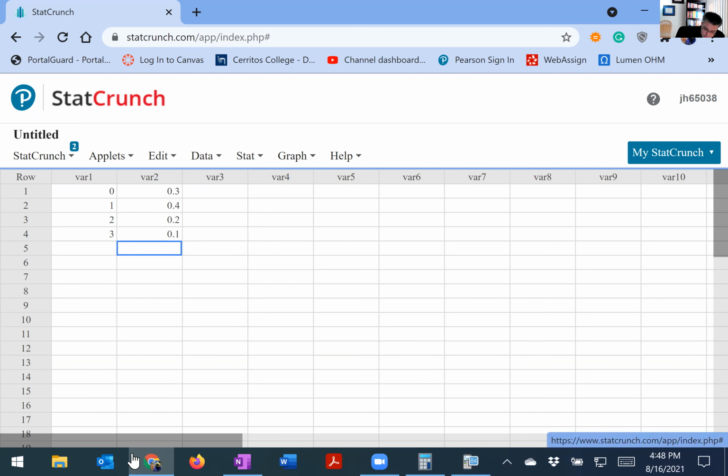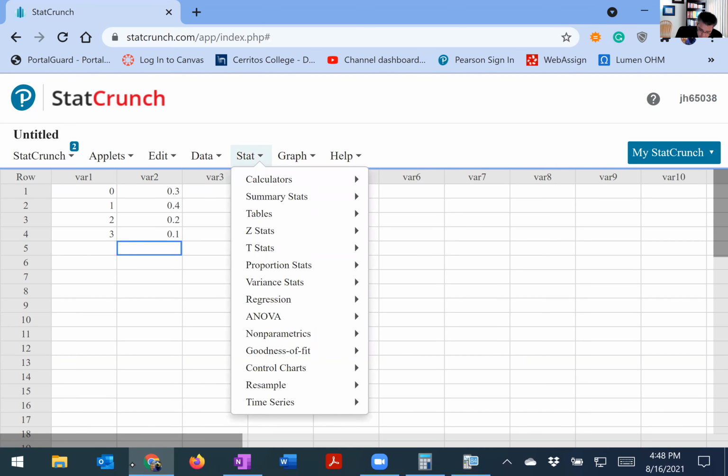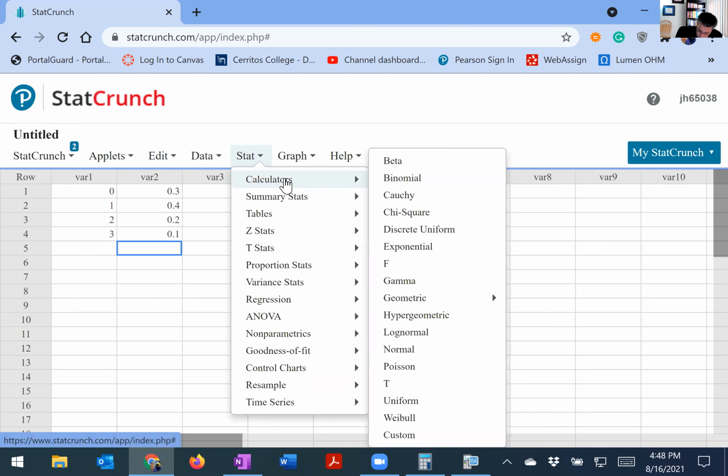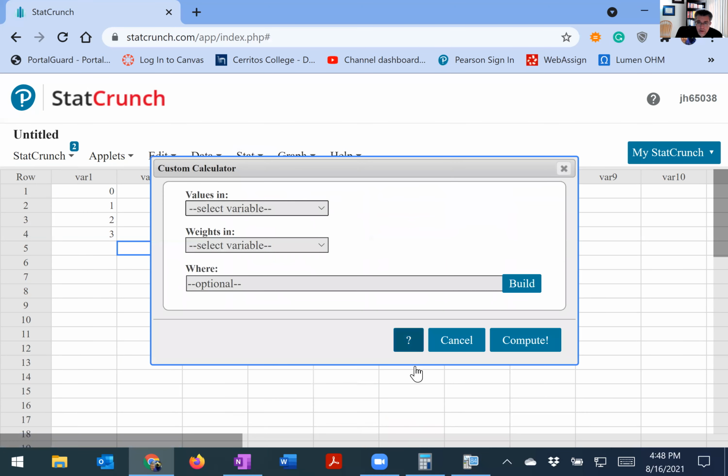I'm going to go to Stat, Calculators, and Custom. Once again, that's Stat, Calculators, and Custom. It asks, what are the values in select variable X? var1 are my X values, the values that I'm working with. And what are the weights?